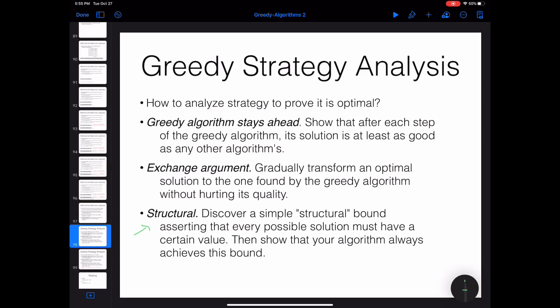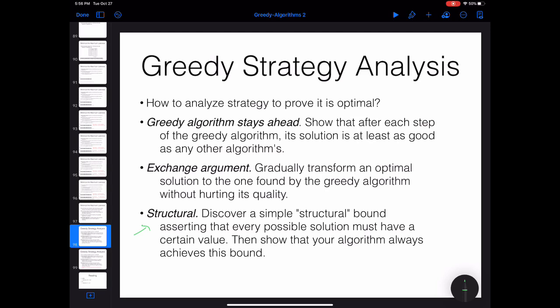An example of this one was, remember, for the job interval scheduling, we found some observation. We defined the depth, and that observation about the depth proved that the greedy strategy just exactly follows that structure. That was an example of this structural proof.